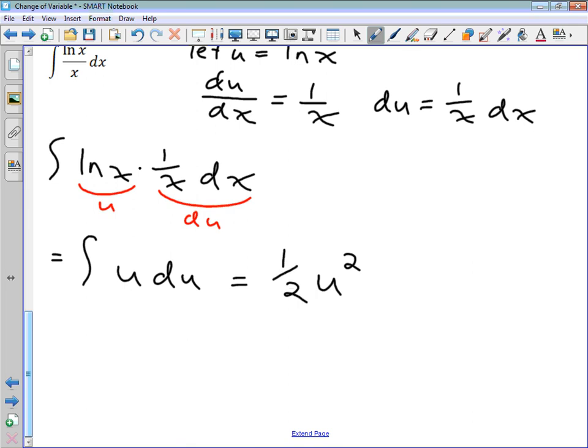So 1/2 u squared, indefinite integral, so we add in our constant of integration. And then we just undo our substitution. u is ln x, so our indefinite integral is 1/2 ln x squared plus c.